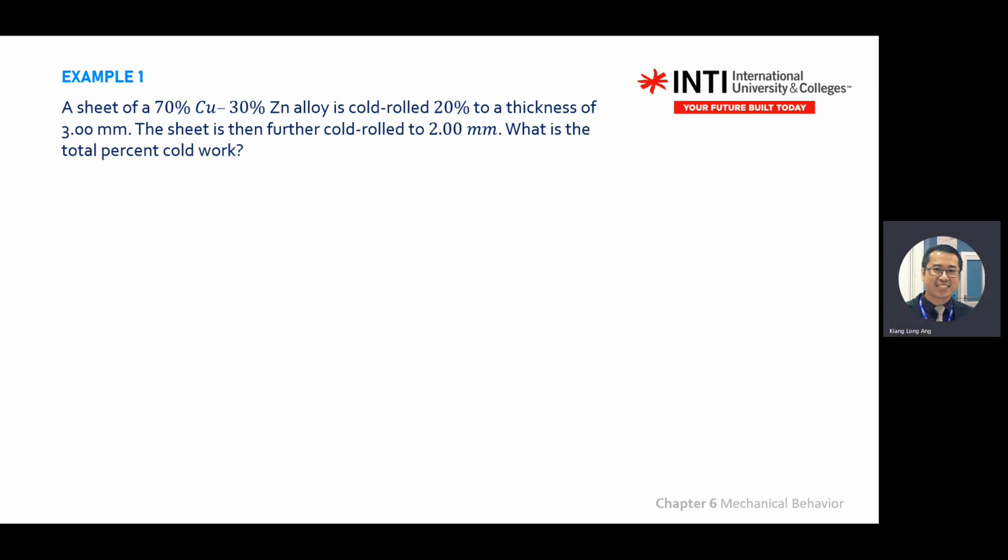The sheet is then further cold rolled to 2 mm. What is the total percentage of cold roll? You have two processes. One, you go through 20% and get 3 mm, and then you further cold roll again in process number 2 to 2 mm. So what is the total percentage of cold roll?